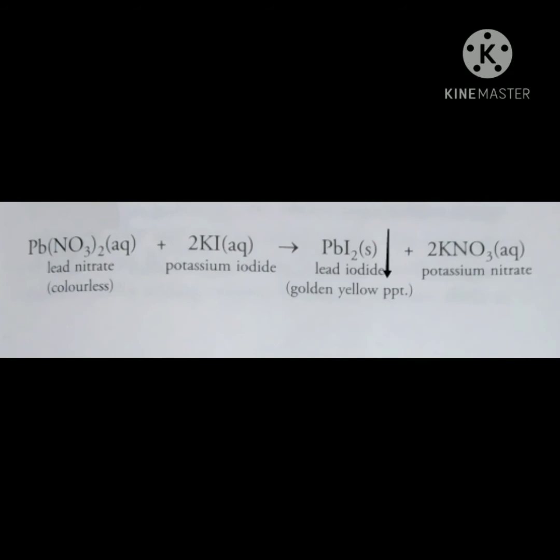Let's see the last example, that is a reaction between potassium iodide and lead nitrate. Lead nitrate is Pb(NO3) twice. Potassium iodide is KI.